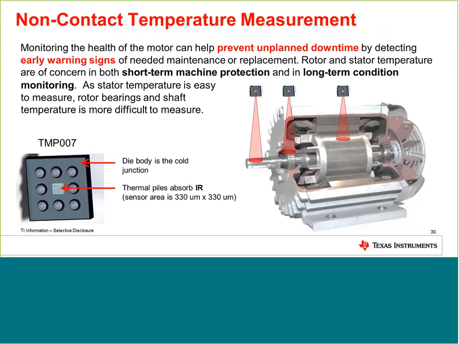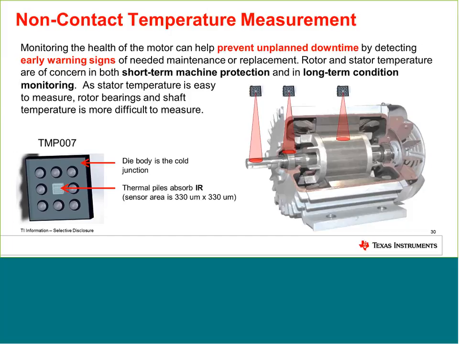We are suggesting here the TMP007, our infrared temperature sensor that can be installed on the PCB, and we can measure from both sides. So we can measure the air or ambient temperature, and we can also measure the temperature of rotating objects.